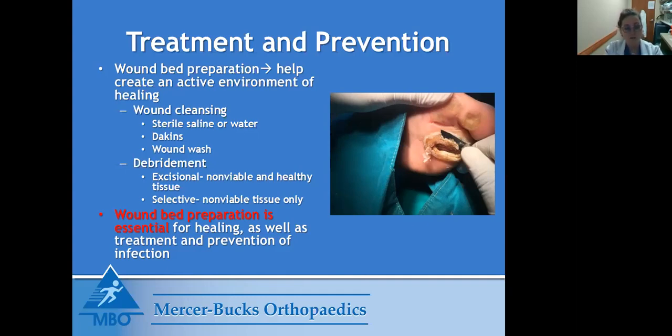When you cause some mild trauma to the wound by taking some of the healthy tissue, you're restarting that wound healing cascade, and that can help stimulate healing overall. Wound bed preparation is essential. It's very important for healing, as well as treating and preventing infection.